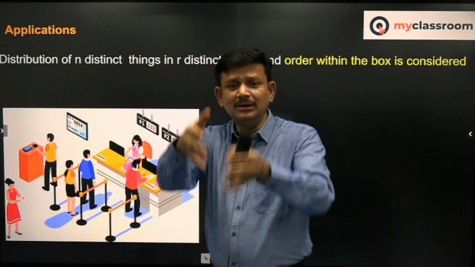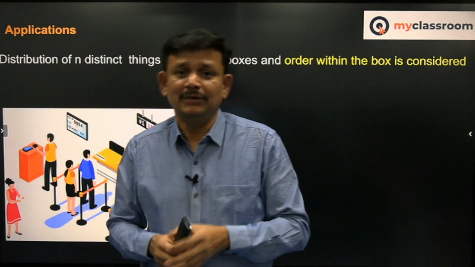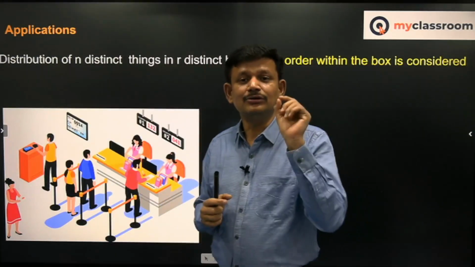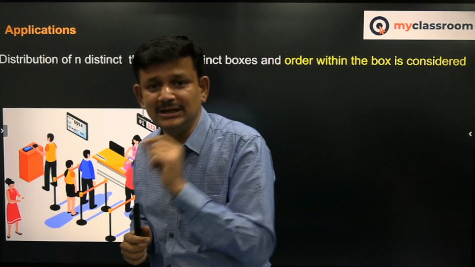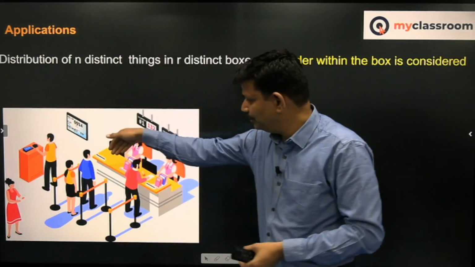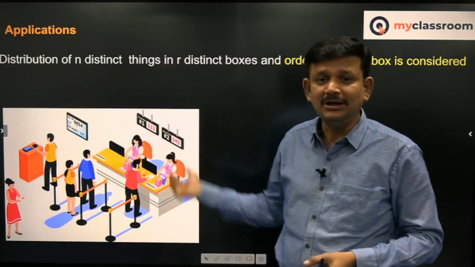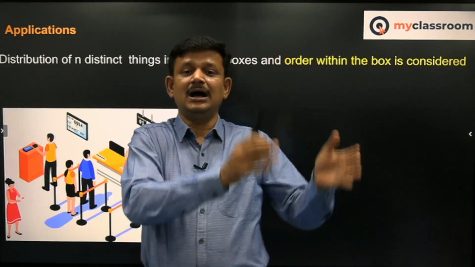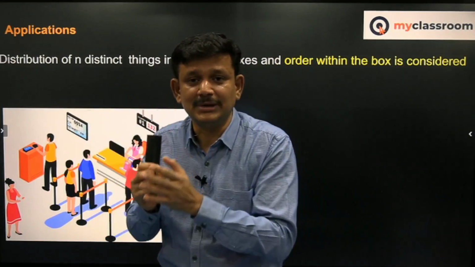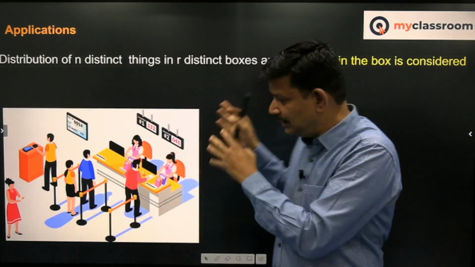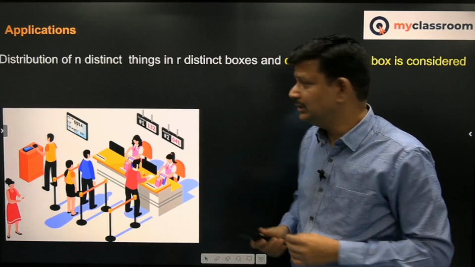A queue can be left unattended. If empty groups are not allowed, you can do it in 100 minus 1 C 3 minus 1. Now once you know how many people are standing before each queue, you can permute all these people in 100 factorial ways. So what will be the result? 100 factorial into 100 plus 3 minus 1 C 3 minus 1 when empty groups are allowed in the queue.